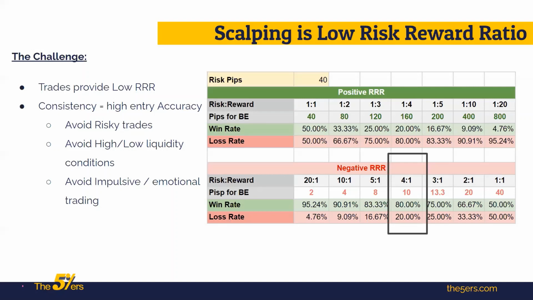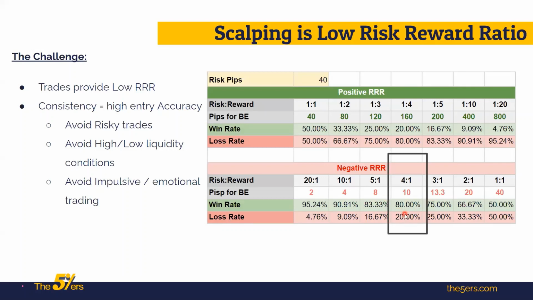When we are trading a negative risk reward ratio, meaning that we are risking more than we are willing to take, let's say we are risking 4 times more than we are willing to take, in order to be break even, just to not lose money in the market, we have to be 80% right on our trading.